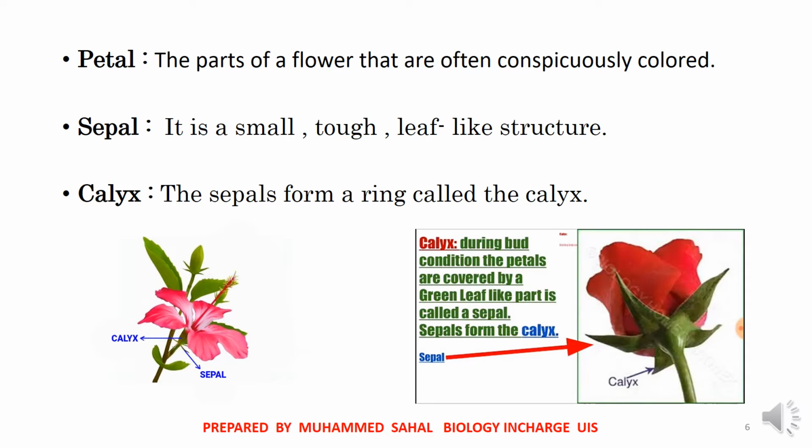The sepals form a ring. That ring is called a calyx. During the bud condition, the petals are covered by a green leaf that is called a sepal. Sepals form the calyx. Look at the diagram of the rose flower. It is very clearly shown what is sepal and what is calyx.